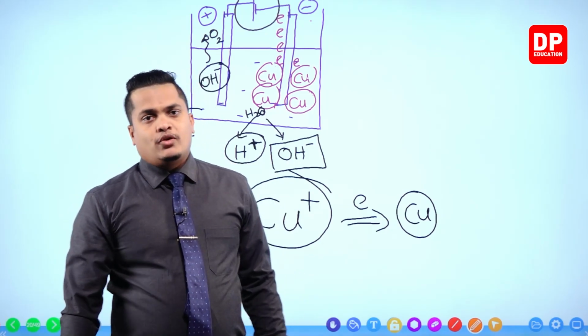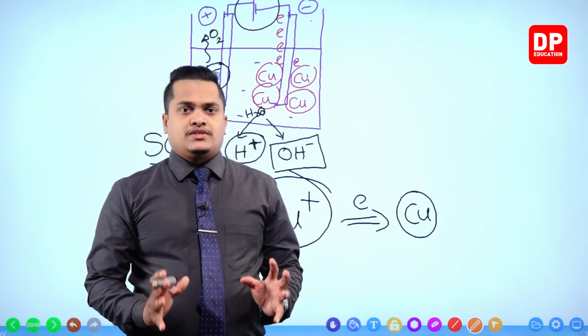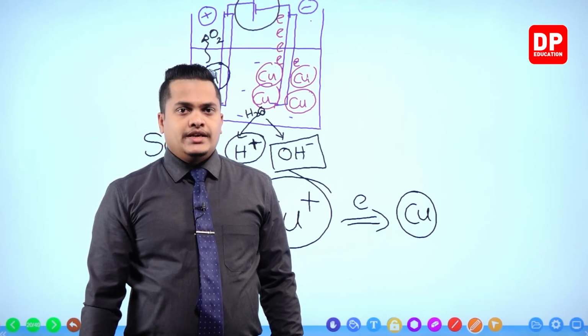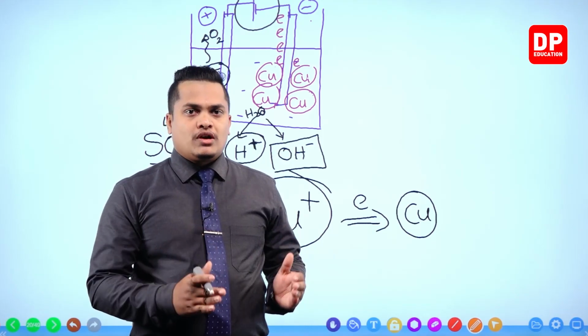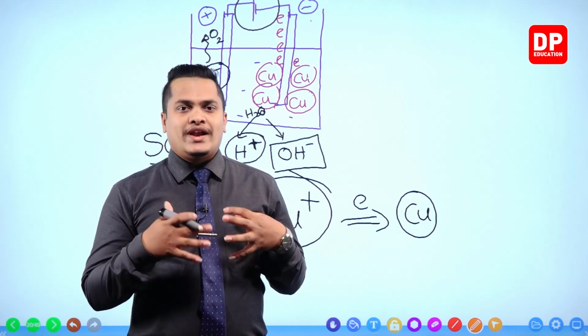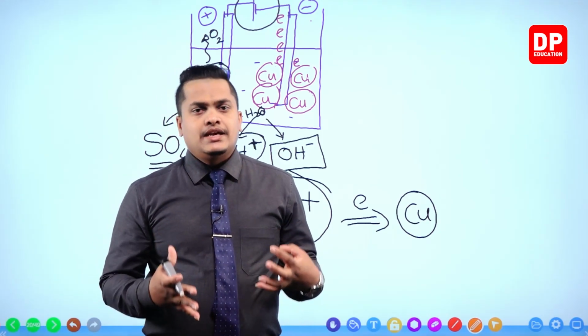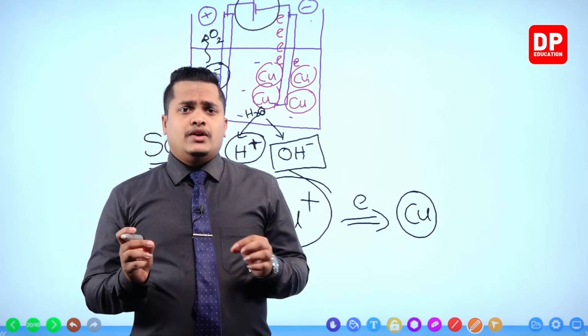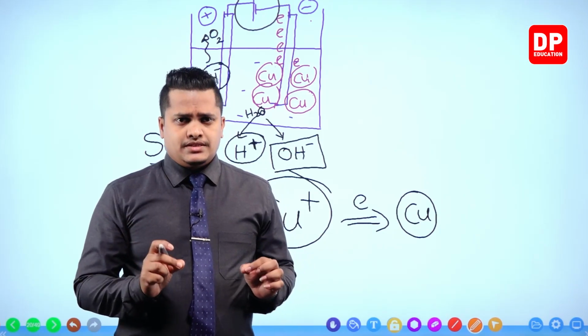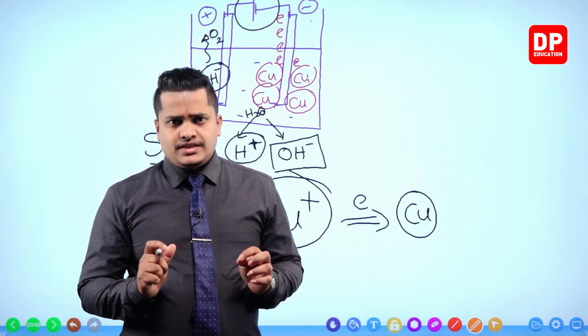Right then. So I hope that you got a good knowledge about the process of electrolysis, my dear children, right? Here we discussed the changes that occur within an electrolyte when providing electric current. We discussed that within the electrolyte, the substances are getting converted into much simpler substances when providing electricity.